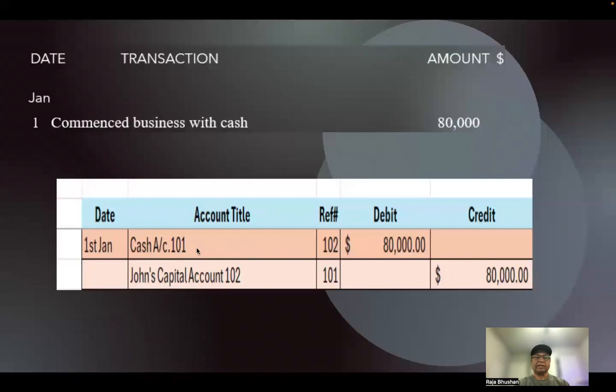That means against cash we have recorded 102, meaning that when you refer to the cash account in your book, you know that 102 belongs to Mr. John's capital account. And when you refer to John's capital account, it is recorded as 101 under reference. That means it belongs to cash.